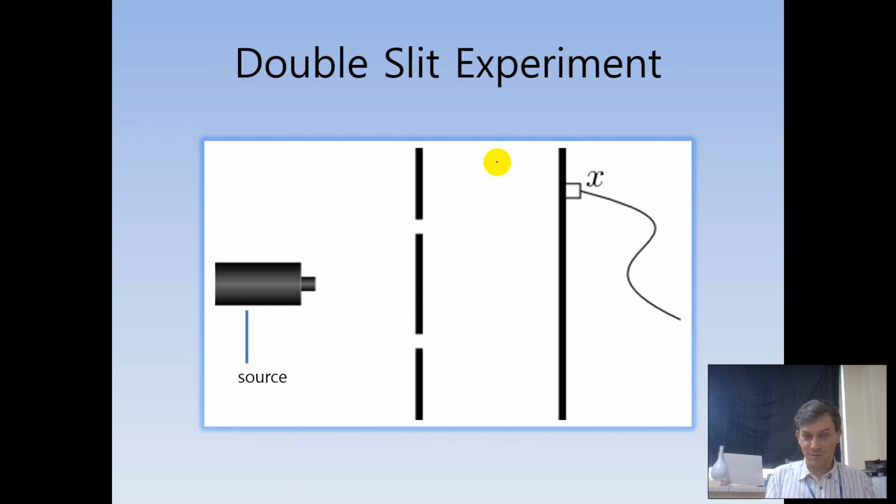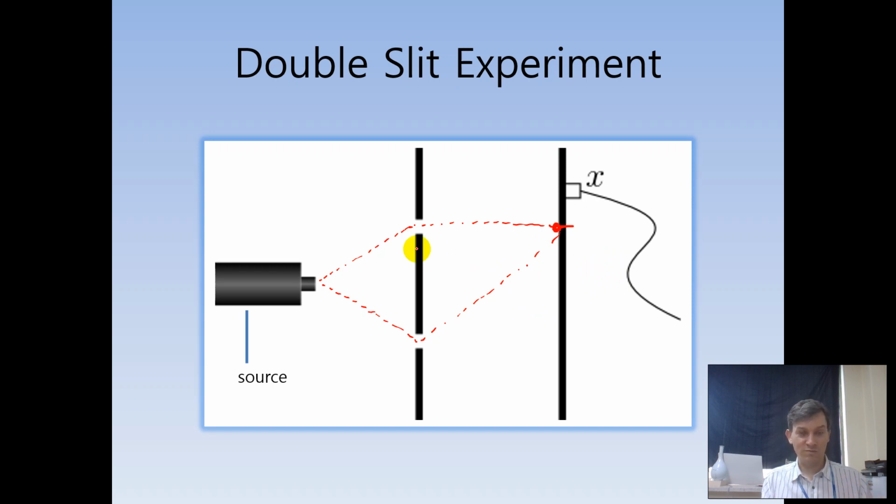For example, suppose that I did this experiment with a single electron and I detected it here. Then in order to correctly calculate the probability of the electron hitting the screen here, we have to consider simultaneously the wave function for the electron going through the first slit and the wave function for the electron going through the second slit.